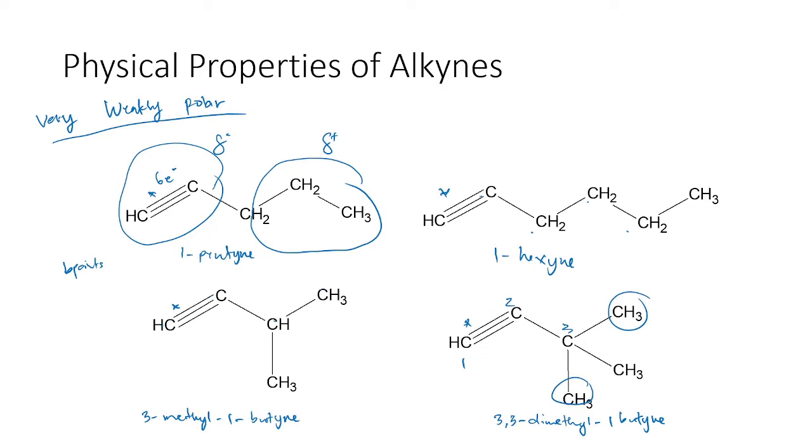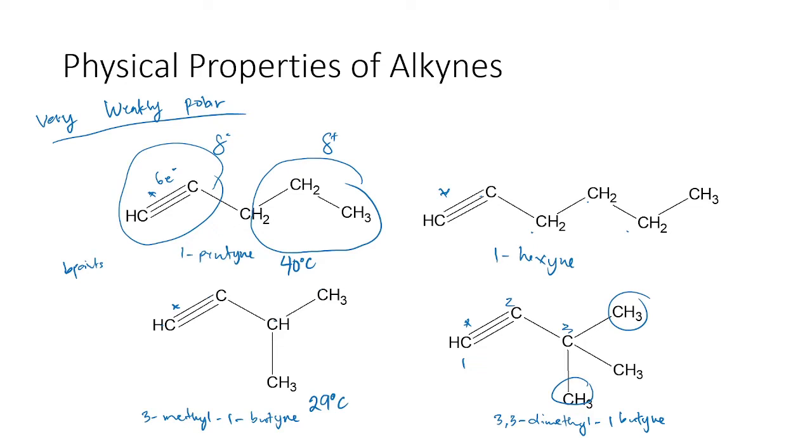So when comparing these two, you can see here that mag-a-apply pa rin yung ating van der Waals forces of attraction or yung tinatawag nating London dispersion forces, wherein this 1-pentyne actually has a boiling point of 40 degrees Celsius, and our 3-methyl 1-butene actually has a boiling point of 29 degrees Celsius, which may appear gas in room temperature.